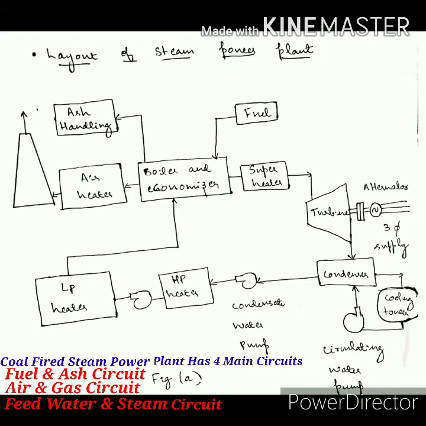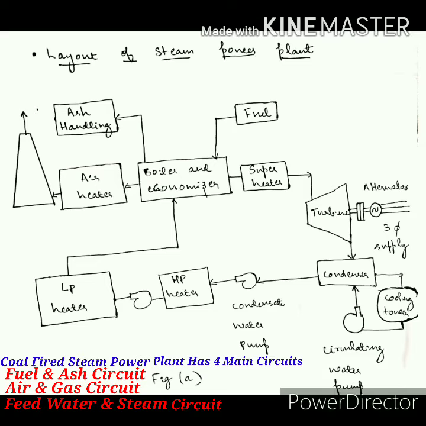Now what I mean to say is, in the HP heater, finally the temperature of the water is high. Now this water is further fed to an LP heater through a boiler feed pump, and there again the temperature is increased. It is again getting heated, and then it is fed to the boiler. Now what is the use of this?